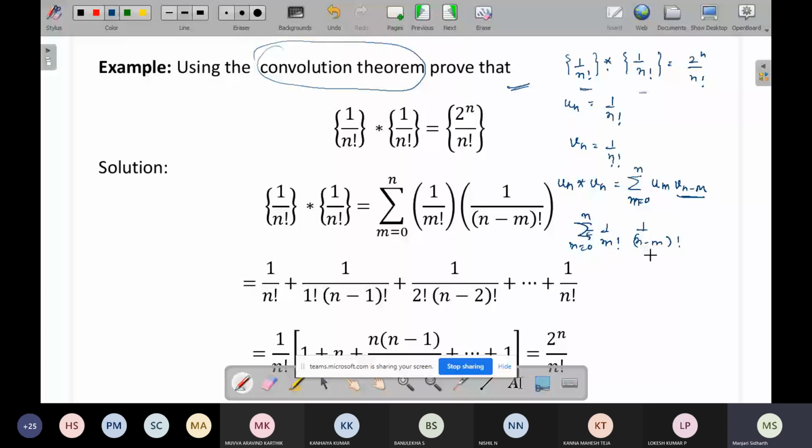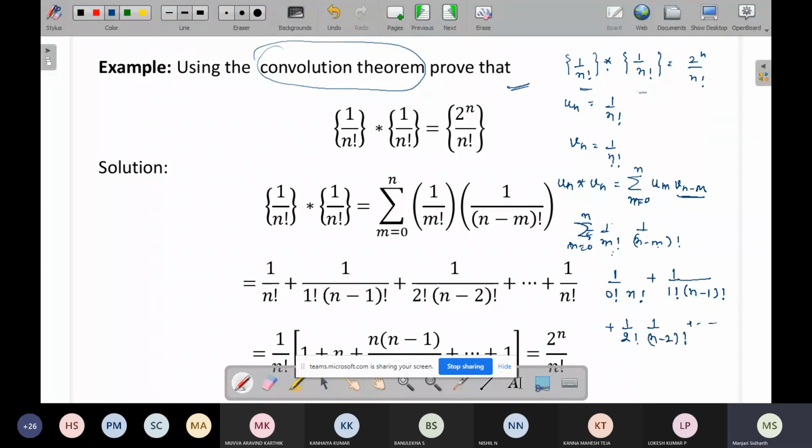Now see here, if I expand this, for m equals 0, you will get 1 over 0 factorial times 1 over n factorial, right? Plus for m equals 1, I'll get 1 by 1 factorial times 1 by n minus 1 factorial. Then for m equals 2, 1 by 2 factorial, 1 over n minus 2 factorial.